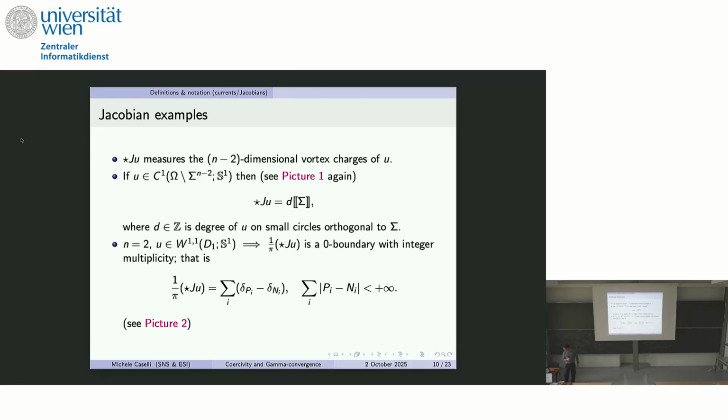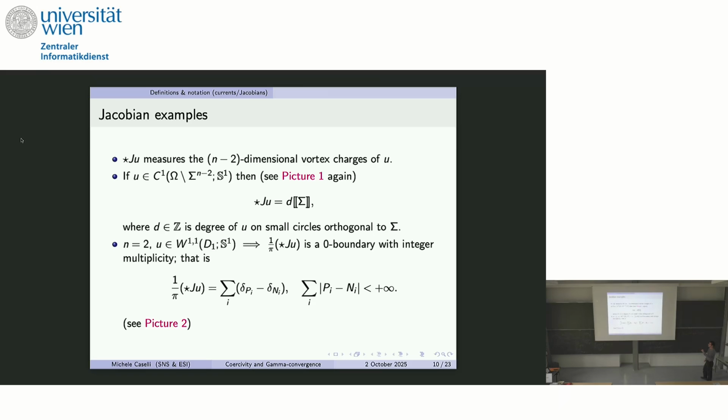Maybe a slightly less trivial example, but that is important for us today, is if you take n equals 2, so we're in the plane, picture 2. If I take n equals 2 and the map u, which is in W^{1,1} from a two-dimensional disk to S1, the n-2 dimensional singularities of u are points. But the point I want to make here is that the Jacobian will be a sum of deltas, but you can have infinitely many deltas.